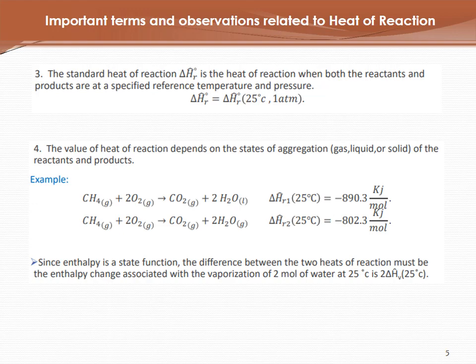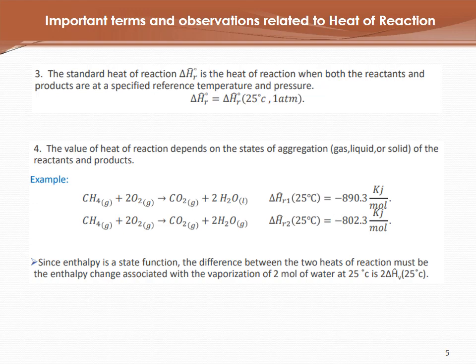When you burn methane and oxygen, usually the products of combustion are at 1400 to 1500 degrees Celsius, which is the maximum temperature. Imagine when you cool them down to 25 degrees Celsius, you would get minus 890.3 kilojoules per mole. In this case, the H2O is in liquid state, that is, it is cooled down from the gaseous state and goes through a phase change from gaseous to liquid.